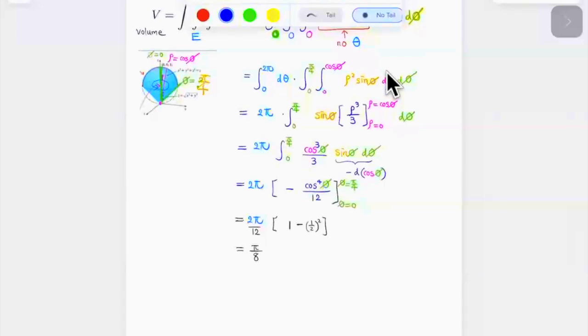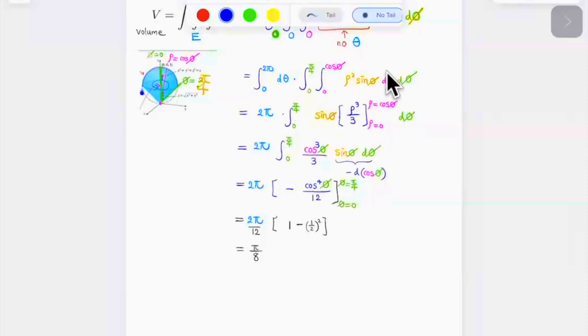Now substituting phi to be pi over 4 and phi to be 0 in here and doing the calculation, we get the value for this solid here is pi over 8.